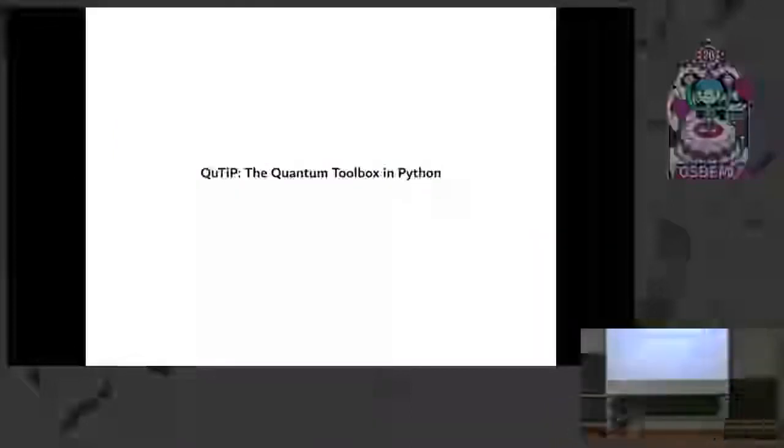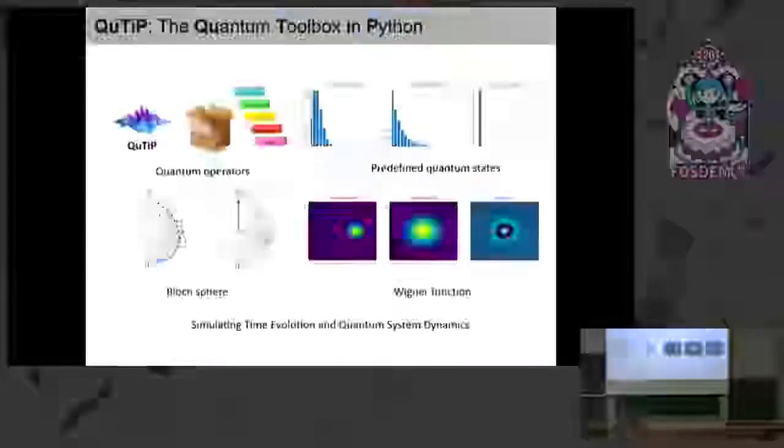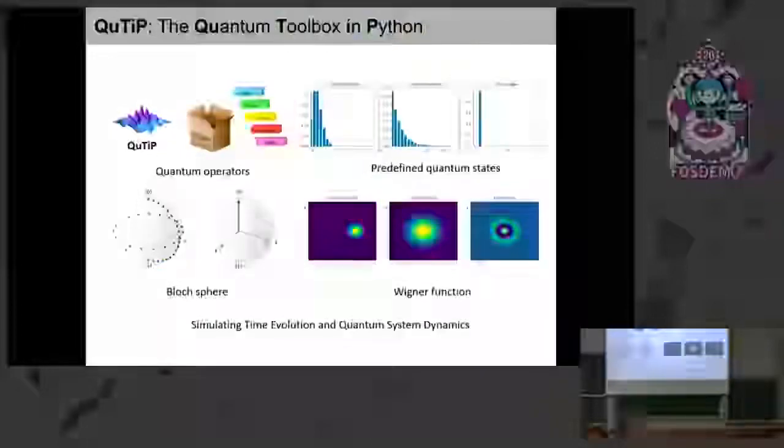So QuTiP, as the name indicates, the quantum toolbox in Python, is exactly this Python package that helps you to understand your quantum system. We have a lot of different nice tools in our package, ranging from some nice abstraction of quantum operators. We call it QObject. So we have a lot of transformation functions, which can transform between, for example, Kraus operators or superoperators, which are commonly used in quantum information theory.